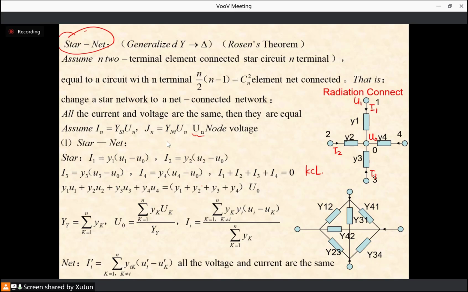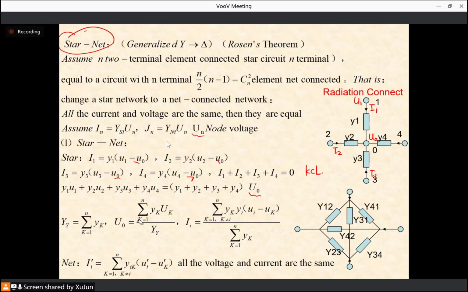And then we can use Y1 U1, Y2 U2, Y3 U3, Y4 U4 to express U0. Try to express U0. This capital Y means adding all the Y together. And then substitute this U0 into this position, and to this position, and to this position.